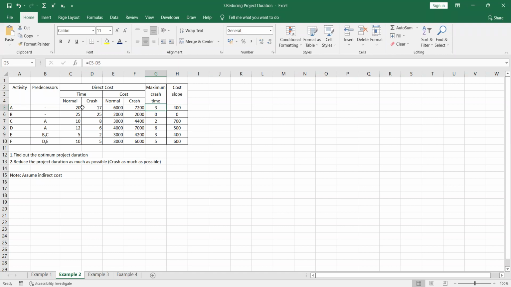So likewise, from the normal time, deduct crash time, take the maximum crash time. So the cost slope you can calculate by getting the crash cost. From the crash cost, you have to deduct the normal cost and divide it by the maximum crash time. So please calculate this maximum crash time and cost slope immediately.